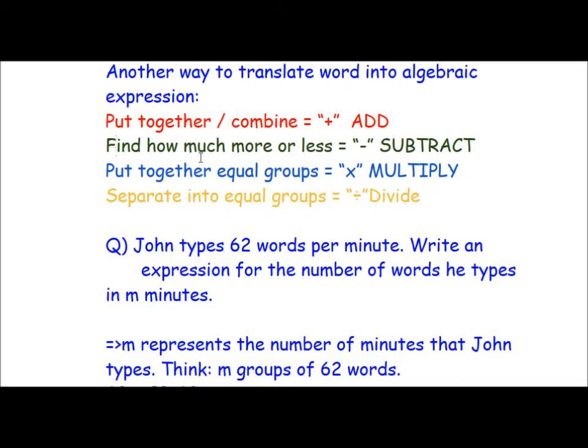Next, whenever there is find how much more or less in a word problem, we automatically think that this involves a subtract sign. Similarly, put together equal groups means multiply. Separate into equal groups means divide. So we need to carefully match the wordings with the expression we are supposed to use.